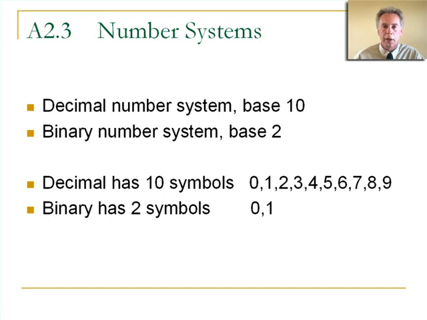In decimal, we have 10 symbols, 0 through 9, to work with, and in binary, we have only 2 symbols, 0 and 1. So as we put together decimal digits to make larger numbers, similarly, we're going to put together binary bits to make larger numbers.